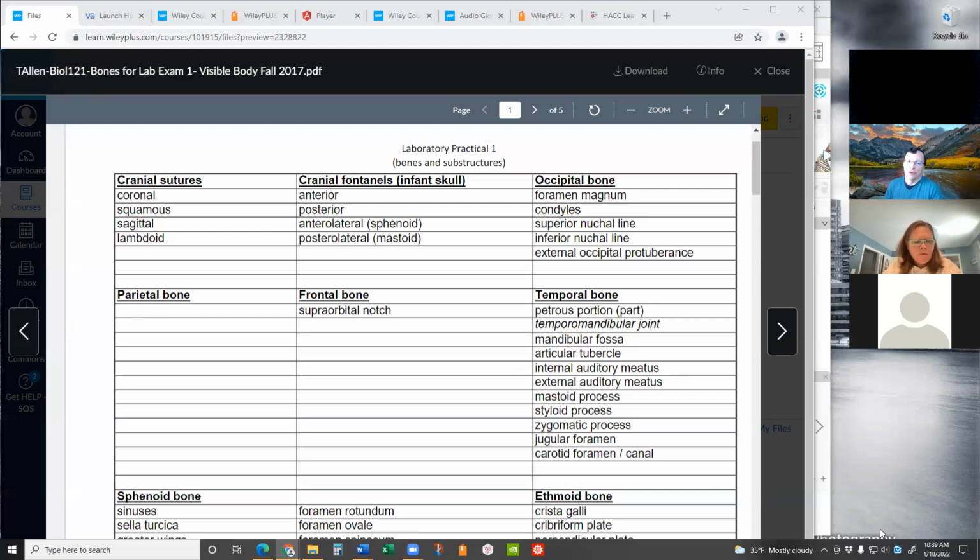So as an example, the cranial sutures, the sutures are the joints between the bones of your skull, don't really show up very well on the software. So for something like cranial sutures and cranial fontanelles, I'm going to recommend you rely on your textbook for that.